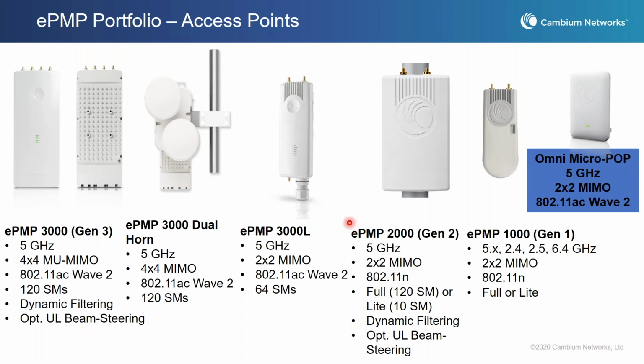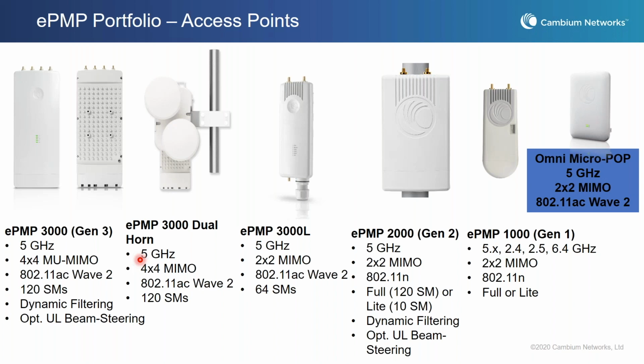The way the access point speaks with the subscriber module in a pure MIMO, or single user MIMO, network is that the access point speaks to one subscriber module at a time using one time slot, since this is a TDD based technology. But with multi-user MIMO, as the name implies, the access point can speak with more than one subscriber module using that same time slot that it was using with the single user MIMO network.